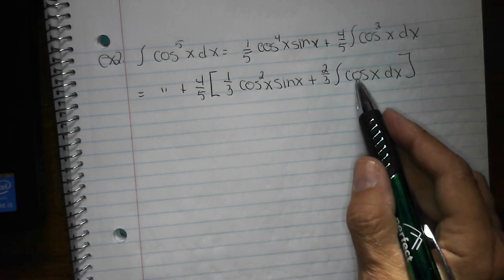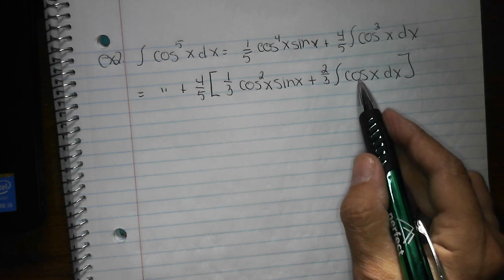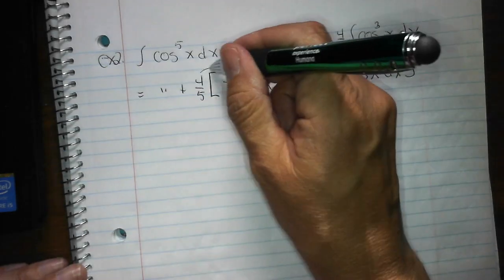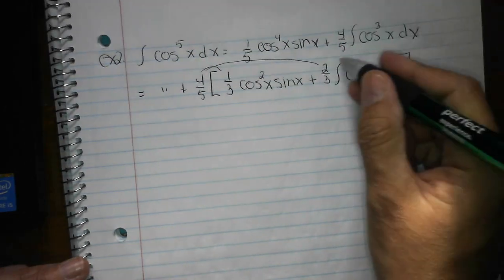I know who has cosine as its derivative. So my last step is to write my final answer and distribute this 4/5 and do that term.